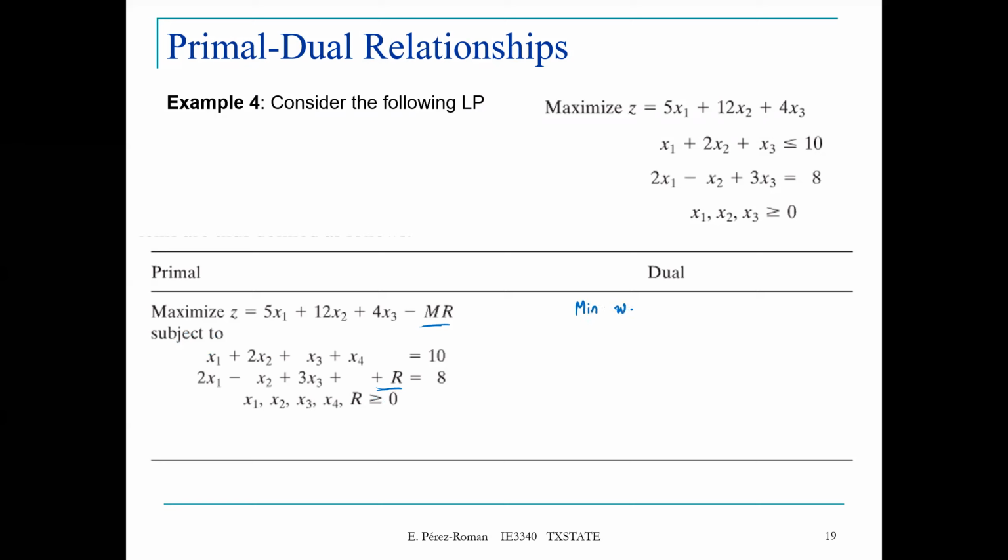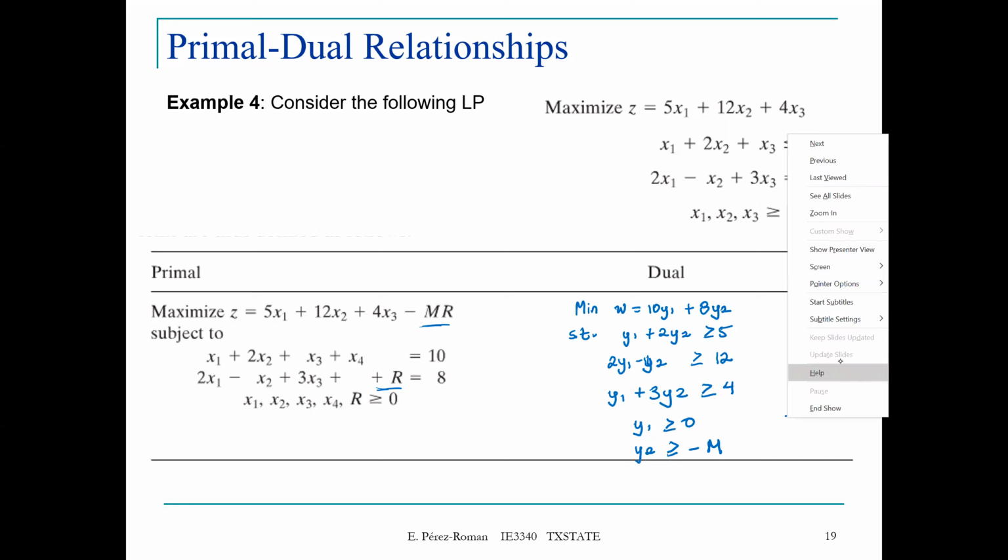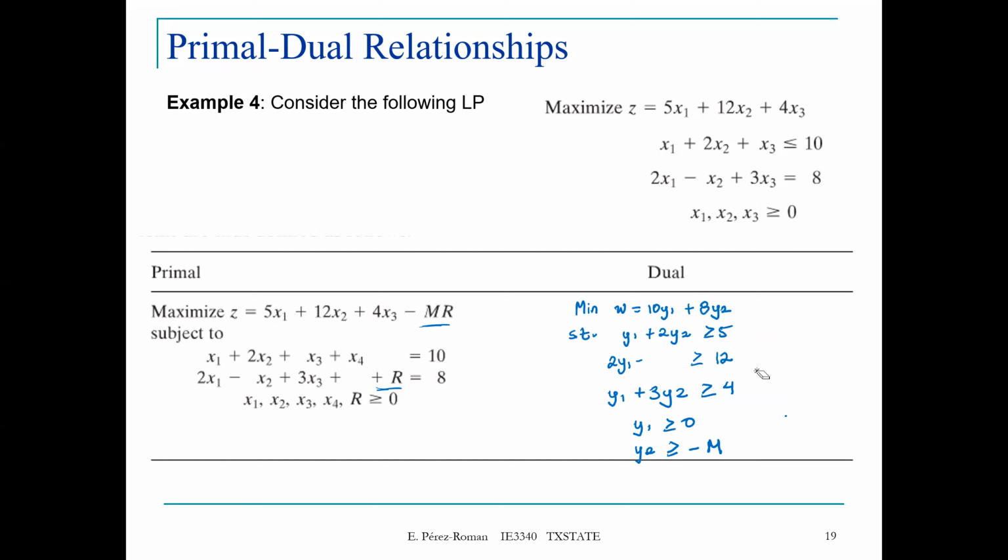Minimization of W equals 10y1 plus 8y2, subject to y1 plus 2y2 greater or equal to 5, 2y1 minus y2 greater or equal to 12, y1 plus 3y2 greater or equal to 4, and y1 greater or equal to 0, and y2 greater or equal to minus M. So let me fix this quickly so it looks better.